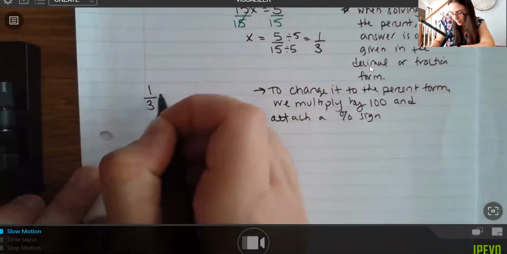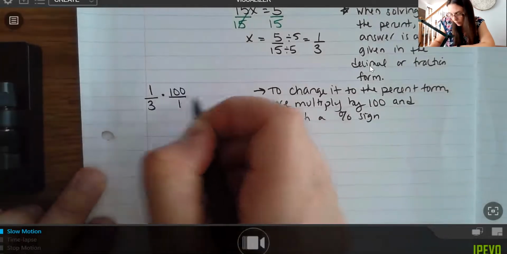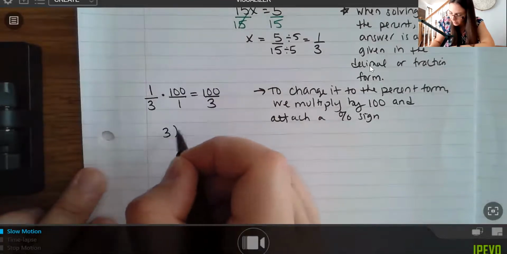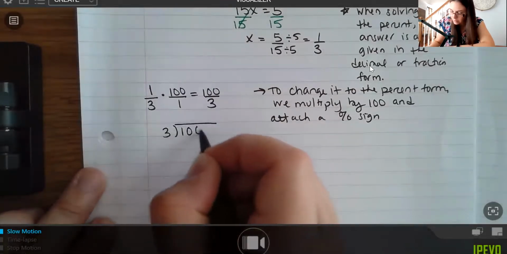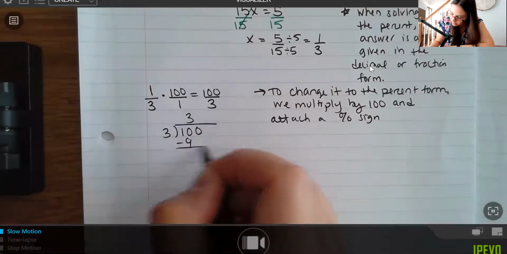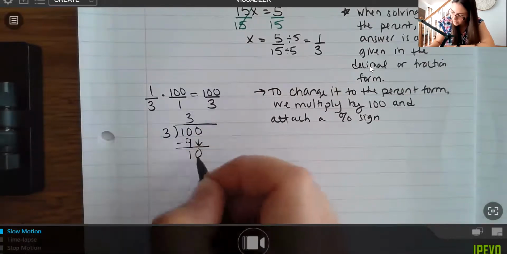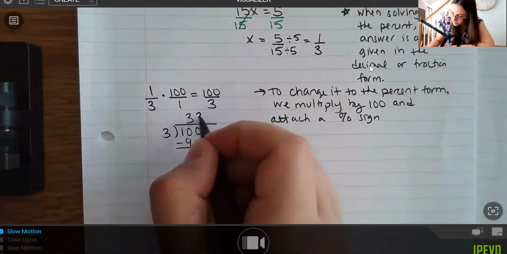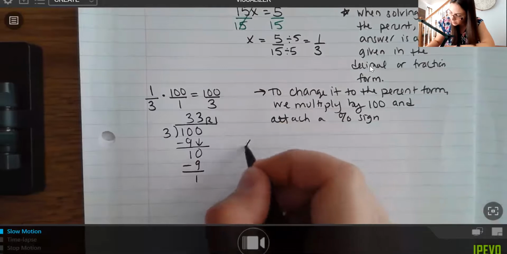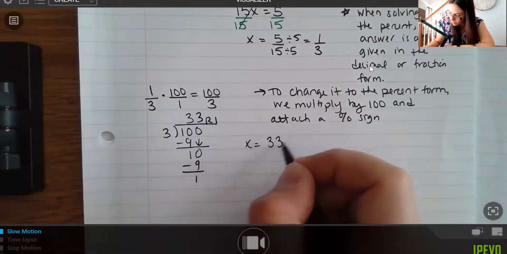I'm going to multiply it by 100 over 1, which is 100 over 3. I am going to rewrite this because it's kind of a little bit hard to understand. So 3 goes into 10 3 times, which is 9. 3 goes into 10 again 3 times, which is 9. So I have a remainder of 1. So this becomes 33 1/3%.